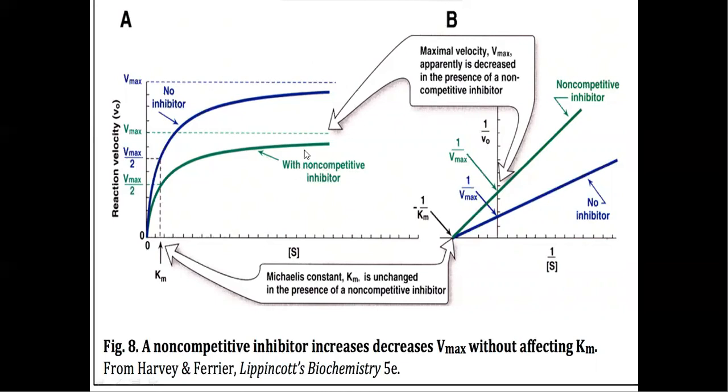The same observations we can also get from this Lineweaver-Burk plot. Here the Km values will be the same and we get two different Vmax values.